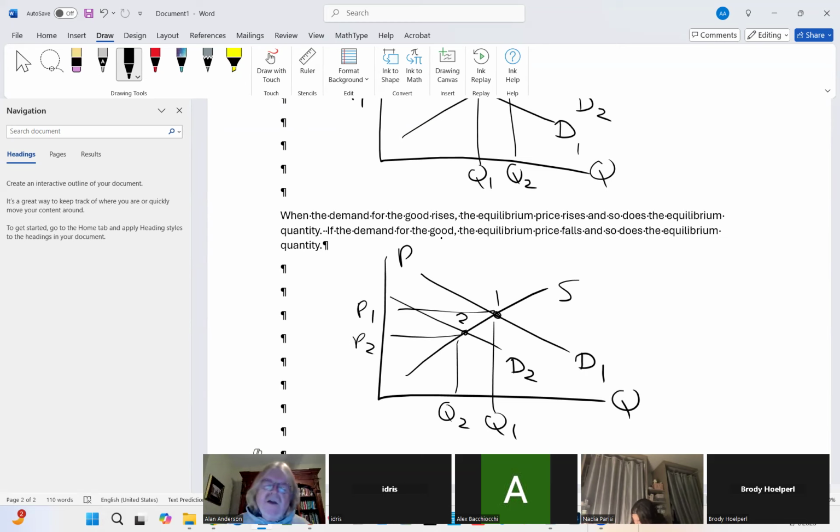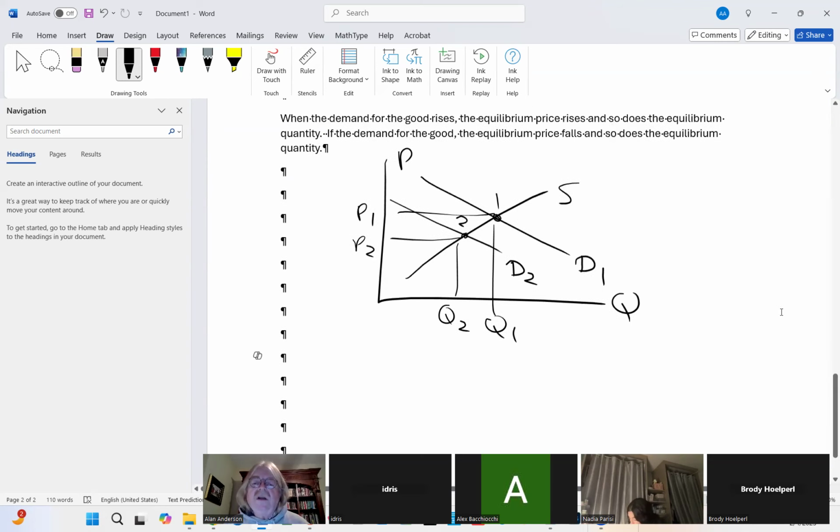Maybe people get on a health kick and their demand for fast food goes down. So this could represent the demand for fast food hamburgers, and people decide, maybe we should eat healthier. Let's have something different. And so they buy fewer hamburgers. The price drops and the quantity drops too.